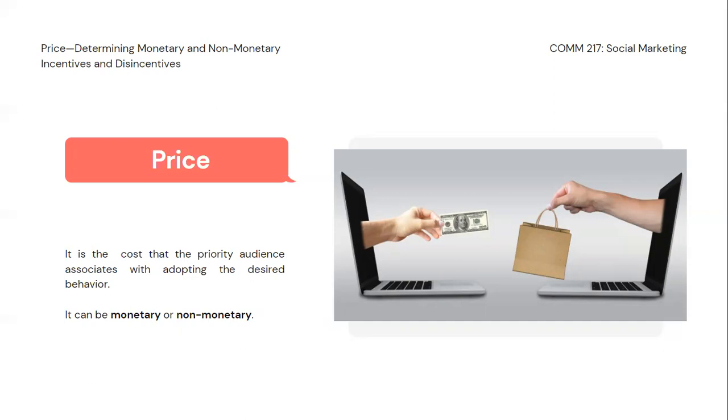Monetary cost in a social marketing environment are most often related to goods and services associated with adopting the behavior, while non-monetary costs, these are costs associated with time, effort, and energy required to perform the behavior. These can also be psychological risks and losses that might be perceived or experienced, and any physical discomforts that might be related to behavior.